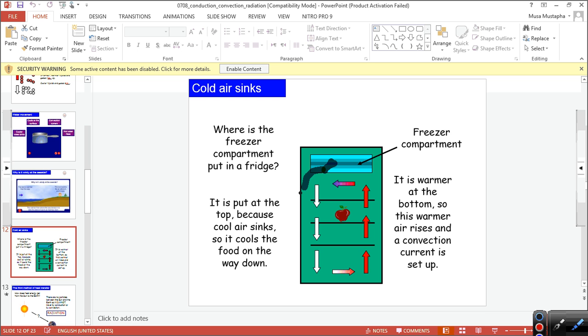And the warm air rises back to the top. This continues to occur in the freezer, and that's the reason all the food is refrigerated evenly. It is warmer at the bottom, so the warmer air rises and a convection current is set up there.